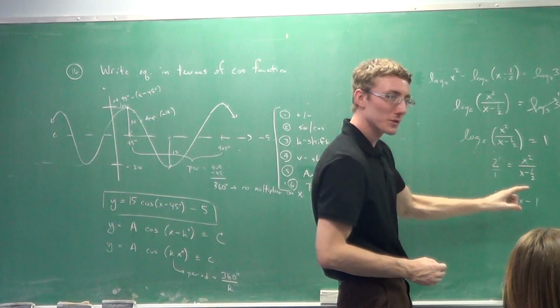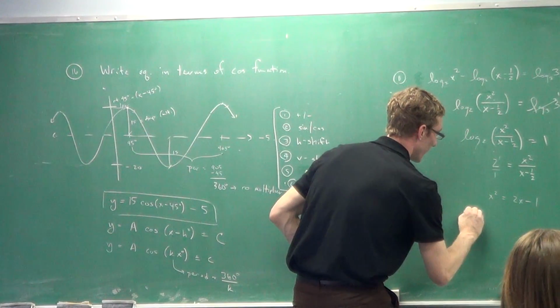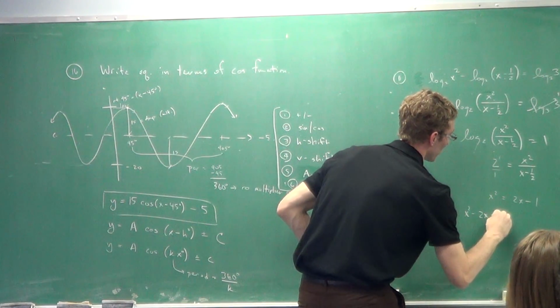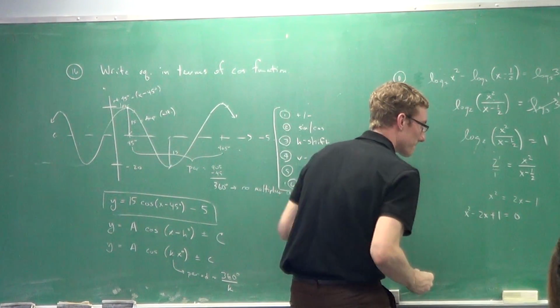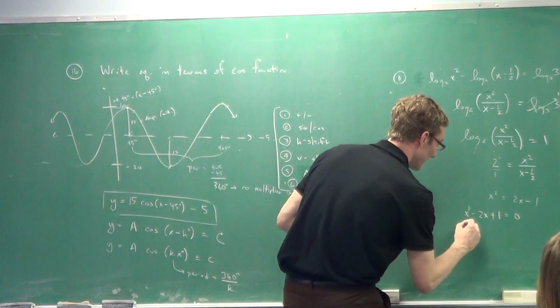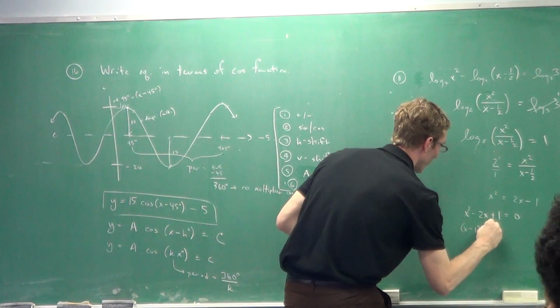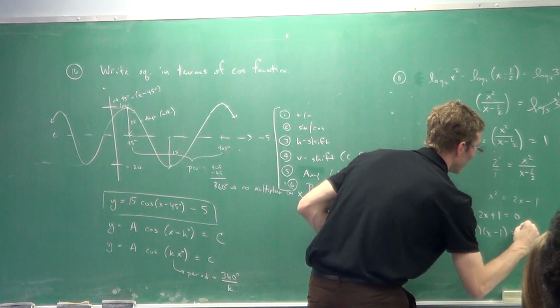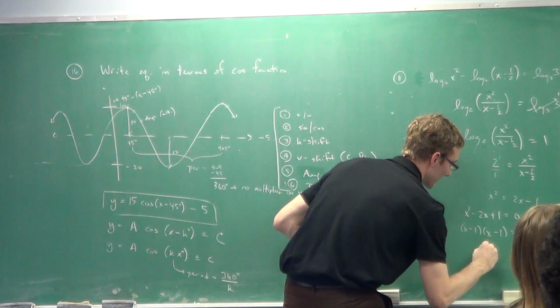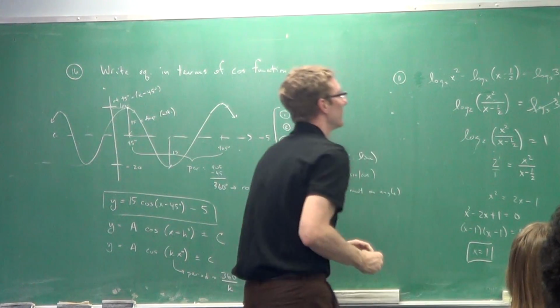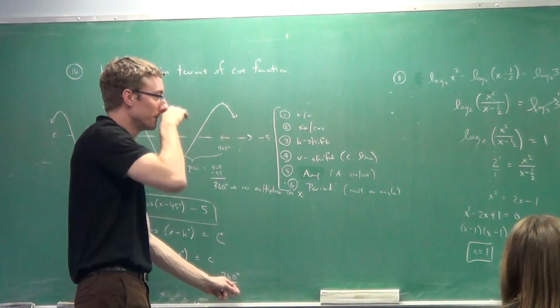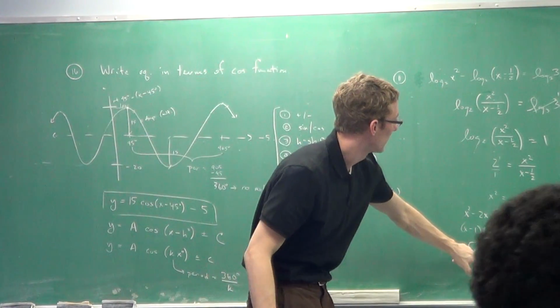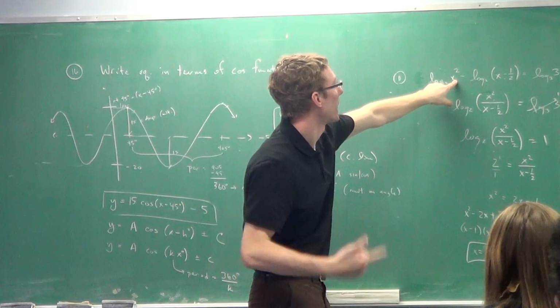So x squared equals 2x minus 1. You can solve that out. X squared minus 2x plus 1 equals 0. And then you'll get x minus 1, x minus 1. In other words, x equals 1. Okay, seems a good one. And that's a valid number because when you plug 1 in, you'll get a positive number.